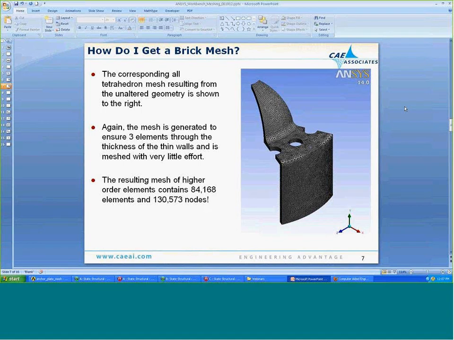Rather easy on my end, but the result of that is now I have 84,000 elements and over 130,000 nodes. So I get 3 times the number of nodes, and obviously that's going to influence the computational expense. So I think here we can see the benefits of taking that extra little effort on the pre-processing end to maybe do a little slicing and dicing and create a brick mesh.